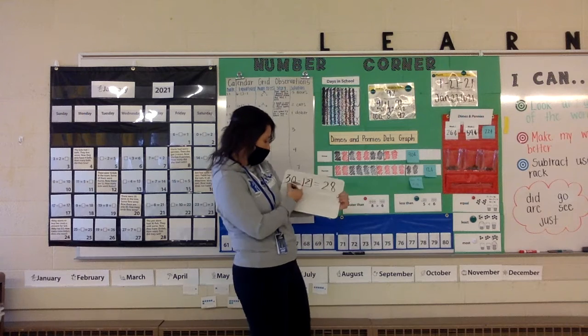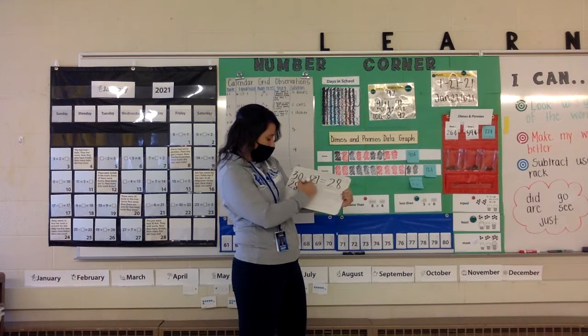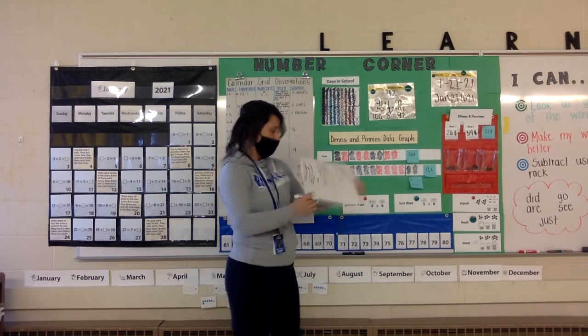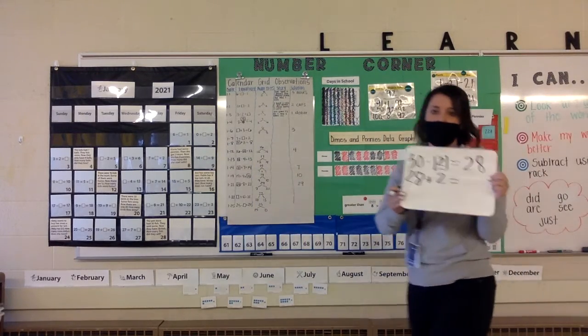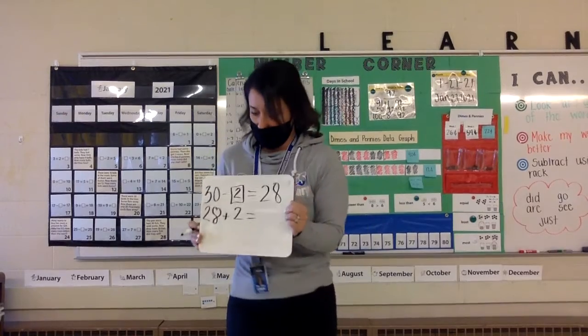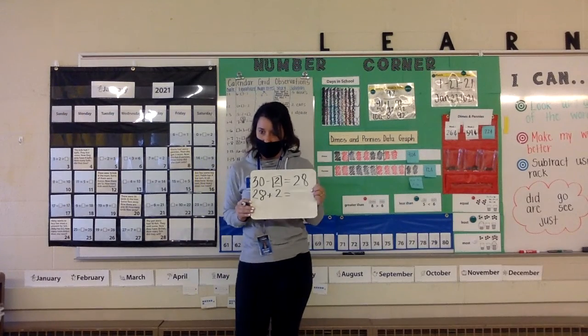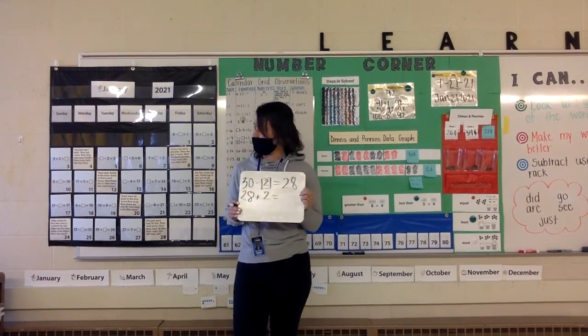I'm going to show you something. What is 28 plus 2? Look at this math equation. Write it down on your board. 28 plus 2. Write that on your math board for me.